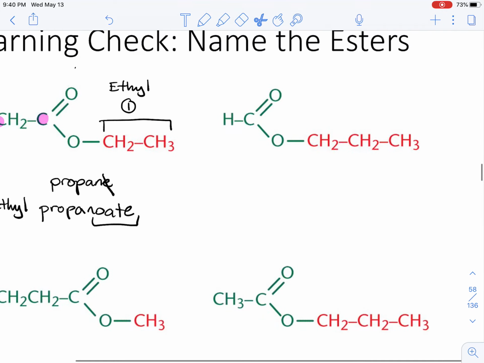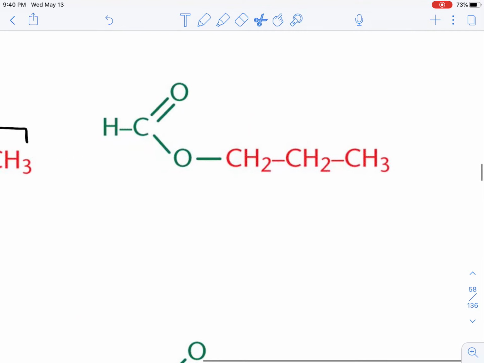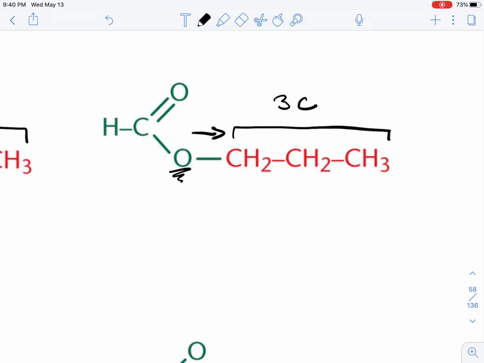Now let's go ahead and look at the compound on the right. And so here is my ester oxygen. Anything to the right of the ester oxygen is going to be my substituent for my ester. Since I have a 3-carbon substituent, this is going to be a propyl.